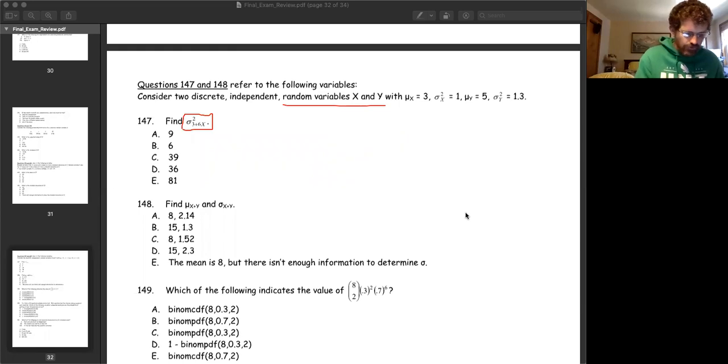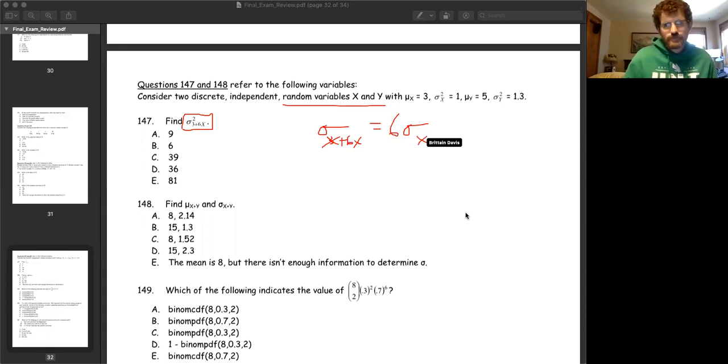And this is from the notes in the book itself. If I had the standard deviation of 3 plus 6x, well, the 3 doesn't do anything, but that would be the same as 6 times the standard deviation of x. So let me just erase this real quick. That 3 plus doesn't affect anything.